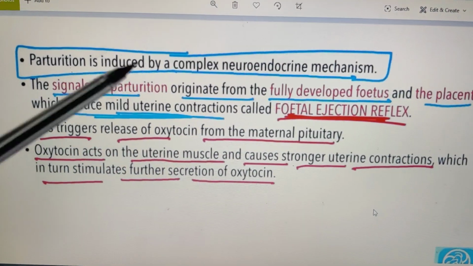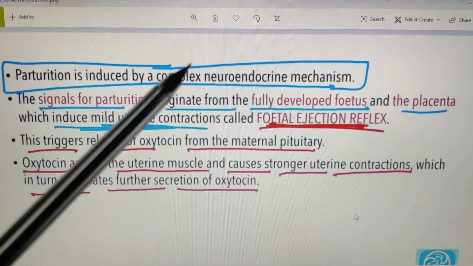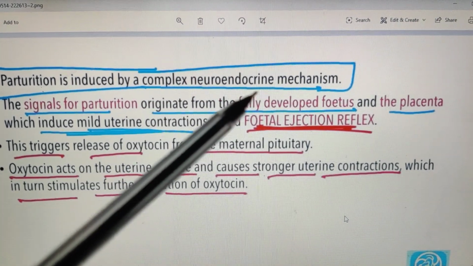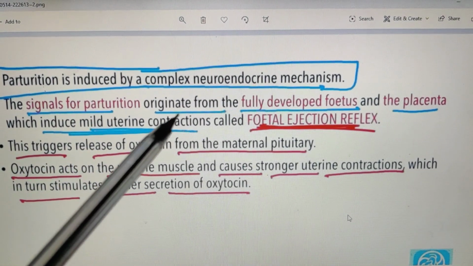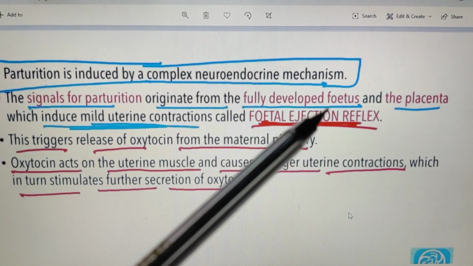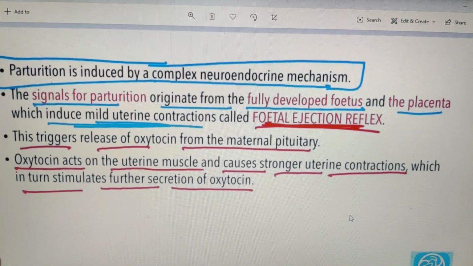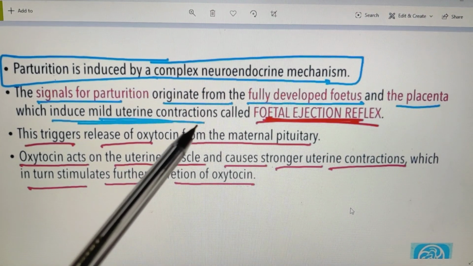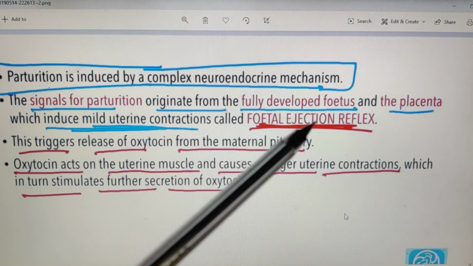Parturition is induced by a complex neuroendocrine mechanism. Means this mechanism is under the control of the nervous system as well as the hormones, the endocrine system. And the signals of parturition कैसे मिलेंगे? By the fully developed fetus and the placenta. They will generate the signals that induce mild uterine contraction. जो यूट्रस में mild contraction हो रहा है, that is called the fetal ejection reflex.